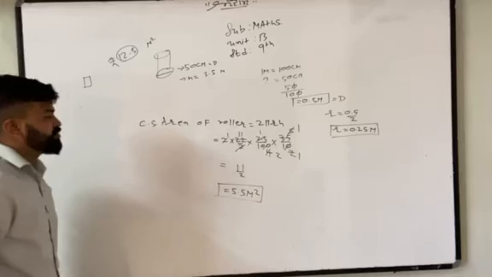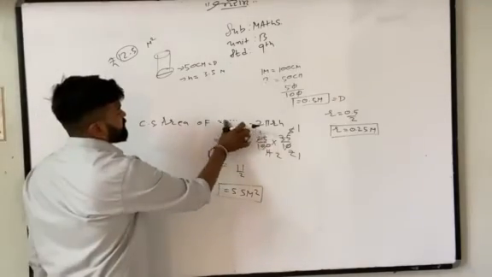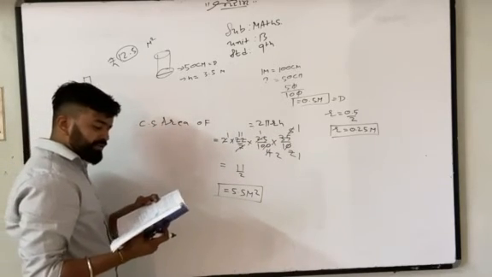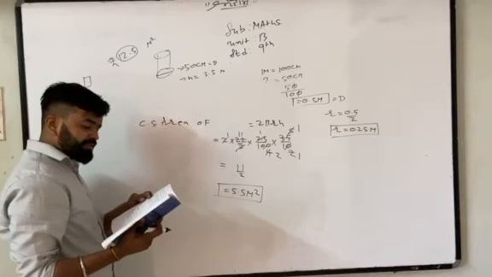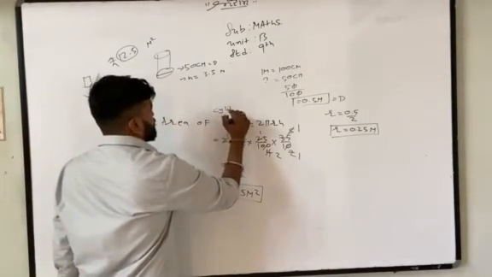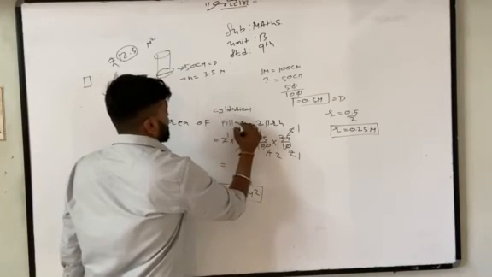This is the curved surface area of the cylindrical pillar, the area of the pillar.